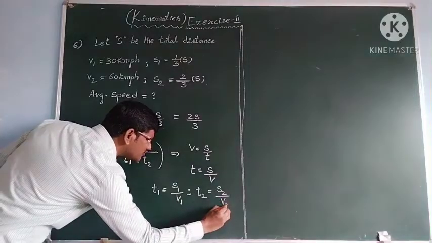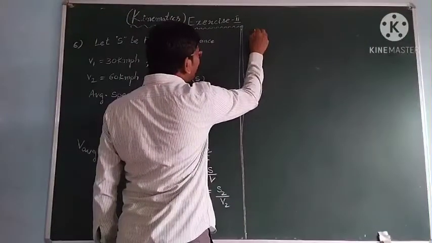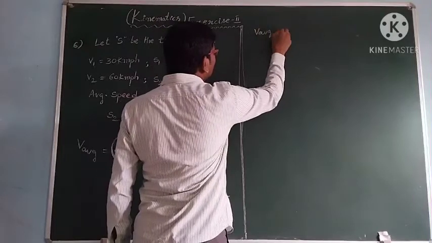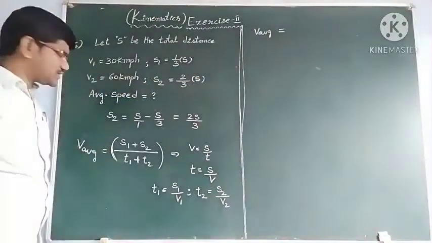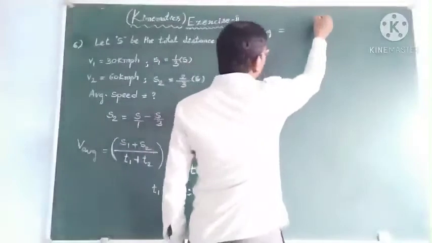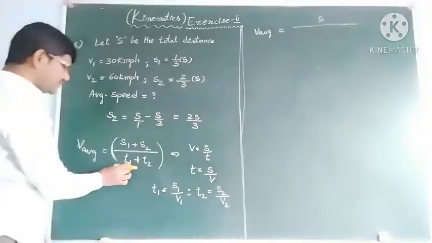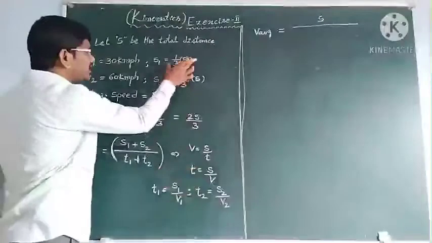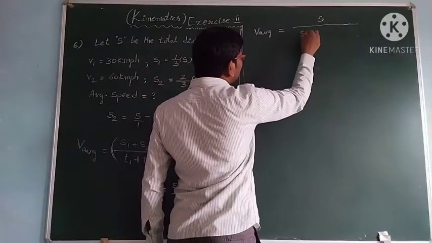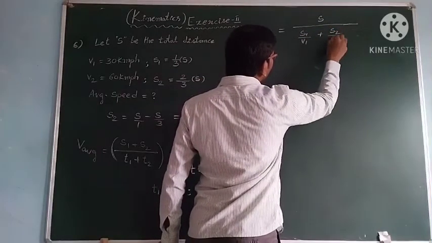Now find the average speed, V average, equal to total distance s1 plus s2, that is s only, by total time taken t1 plus t2. t1 means s1 by v1, s1 means s by 3, and t2 means s2 by v2.